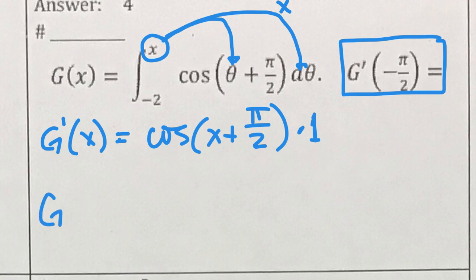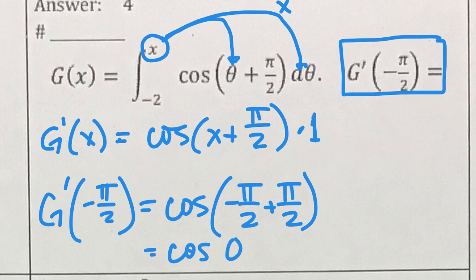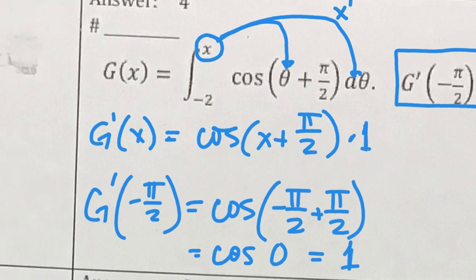And all we need to do is replace x with negative pi over 2 and know your trig. So negative pi over 2 plus pi over 2 is 0. So from your unit circle, the cosine of 0 is 1.